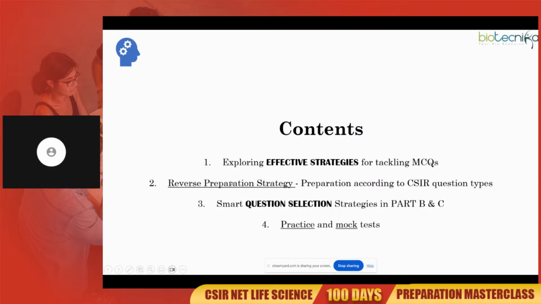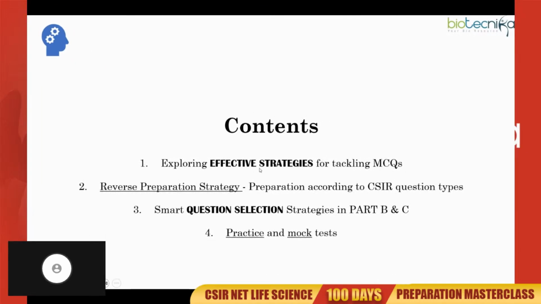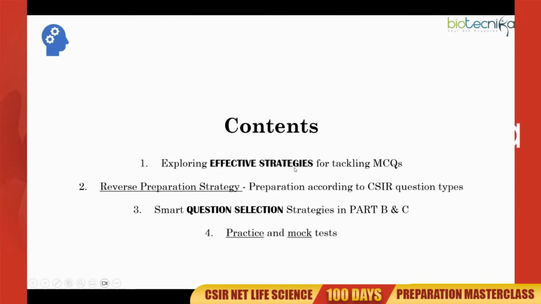Today's contents will be, first, exploring effective strategies for tackling MCQs, because all you have is MCQs, and which are the most effective strategies to get maximum scoring from there.